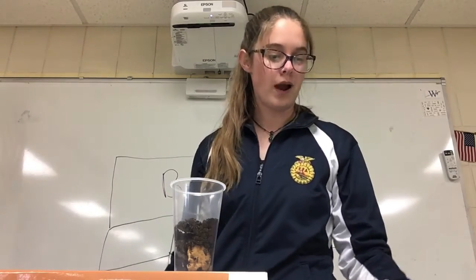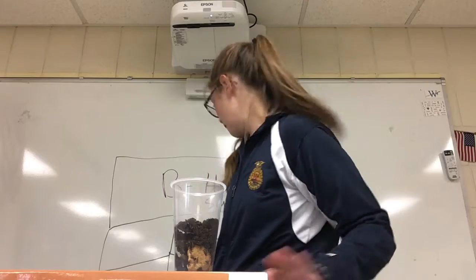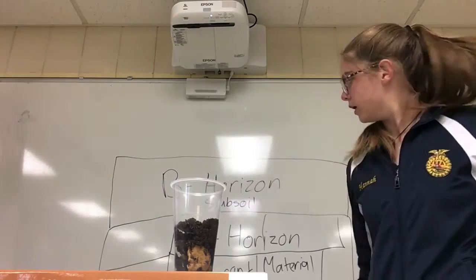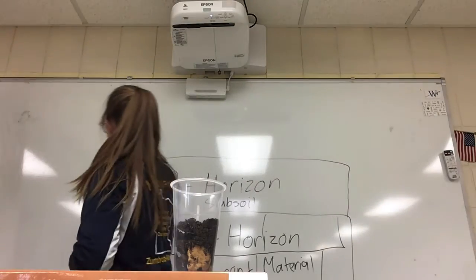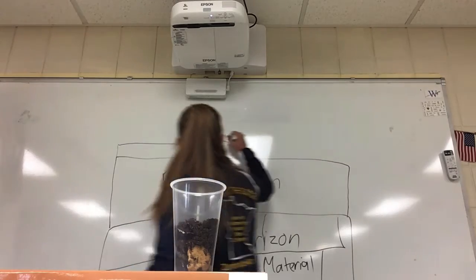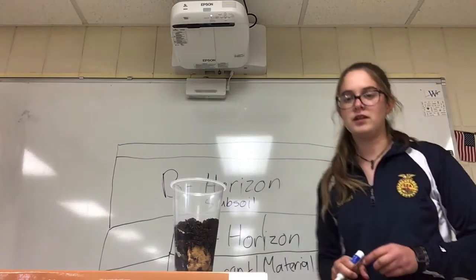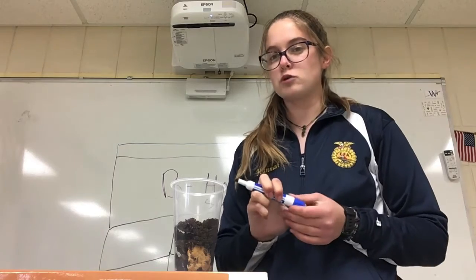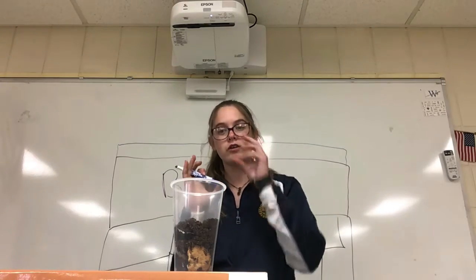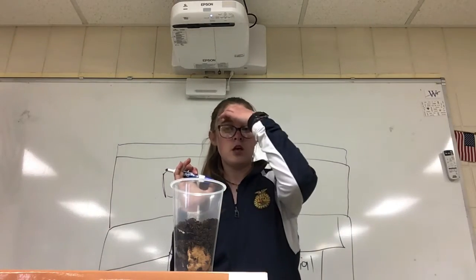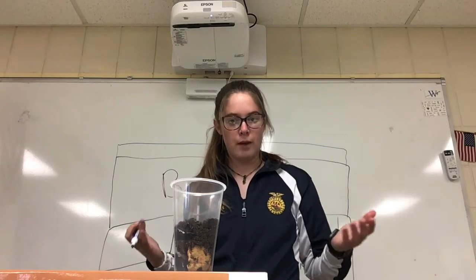Above our B horizon, we have our topsoil. And our topsoil, we're going to do in blue, is a thin layer. There's not a whole lot of topsoil. And topsoil is a very finite resource. So sometimes something will happen called erosion.